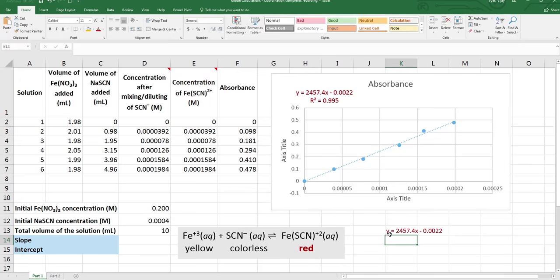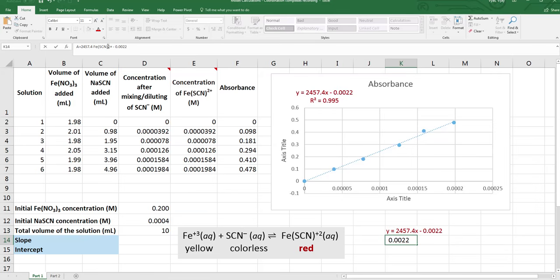All right, going back. So Y is your absorbance. We can say A is equal to, then your slope is 2457.4 times iron thiocyanate concentration, plus 0.0022.